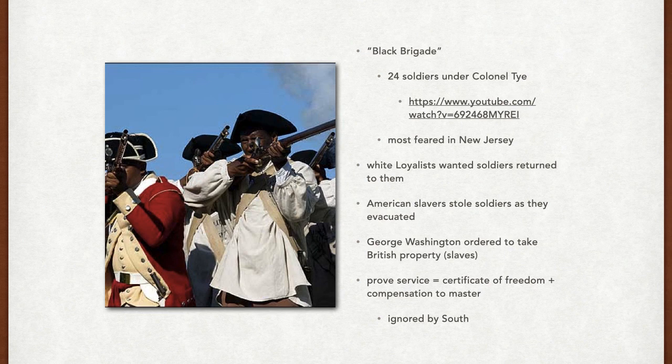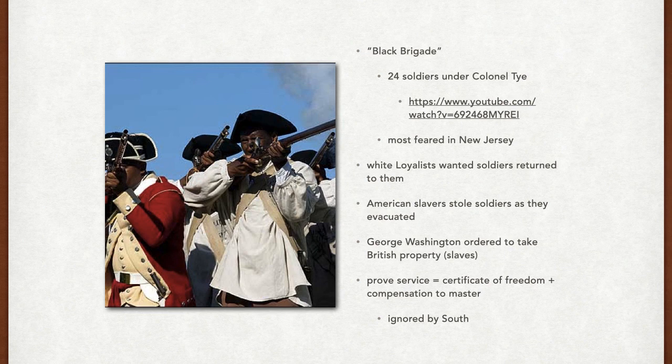So many of the Black Loyalists were recorded in General Carleton's Book of Negroes, which contained their names and descriptions. So that's a primary source that we have showing who these former slaves were. Over 3,000 former slaves were recorded in that book, although there are two versions of the book, the American version and the British version. Many descendants of the Black Loyalists have used the book in order to trace their ancestry.